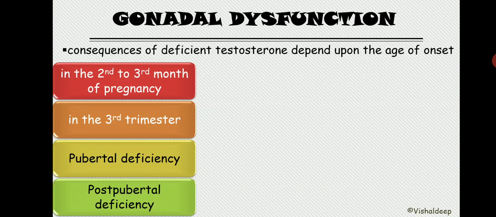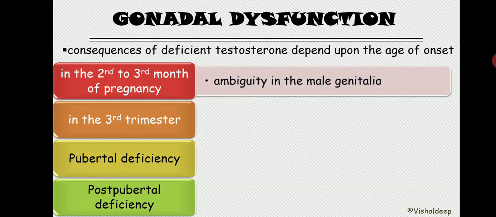So if a deficiency takes place in early fetal life, in the second or third month of the pregnancy, then there is ambiguity in the male genitalia. Now what is ambiguity?